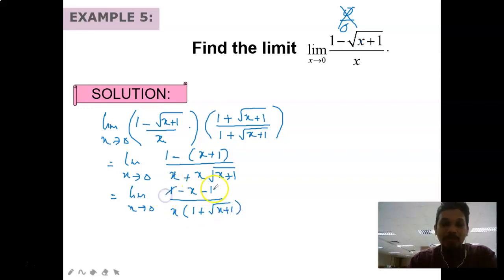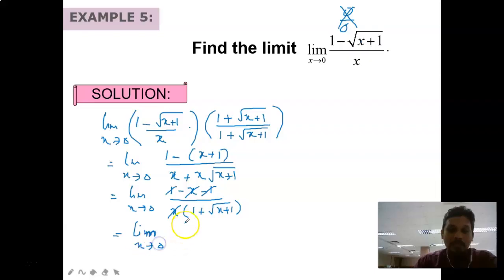So 1 minus 1 equals 0, and then negative x divided by x. Then it gives us the limit as x approaches 0 of negative 1 divided by 1 plus the square root of x plus 1.